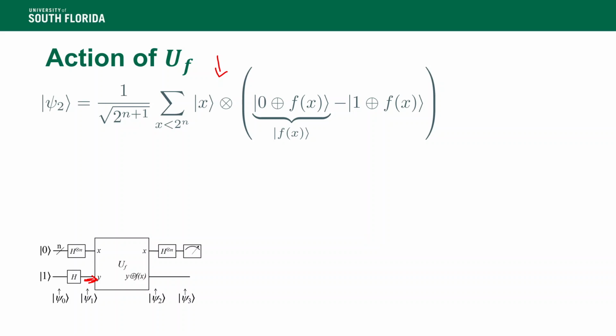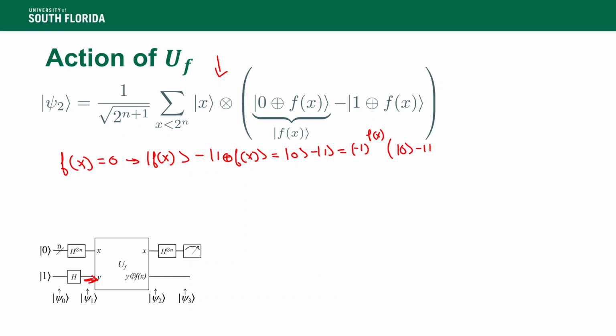The same way that we did before, if f of x equals 0, then the state f of x minus 1 XOR f of x is going to be simply 0 minus 1, which turns out to be minus 1 to the f of x times 0 minus 1.